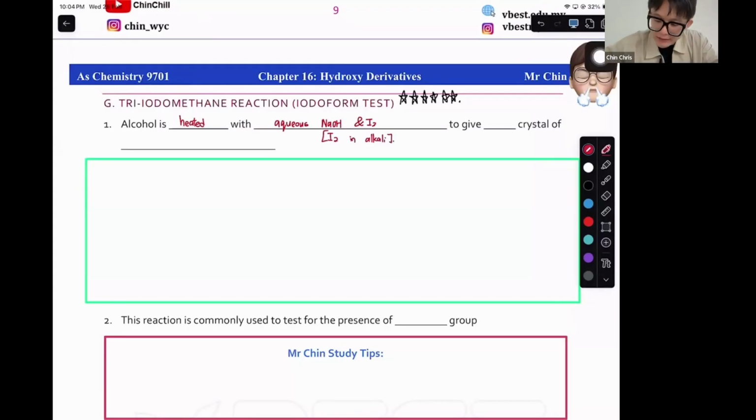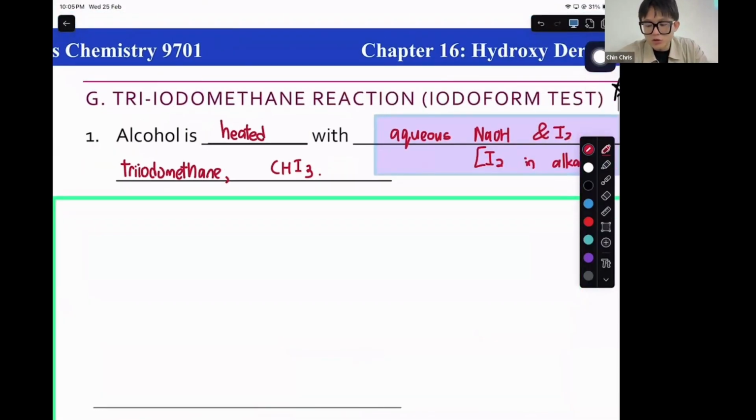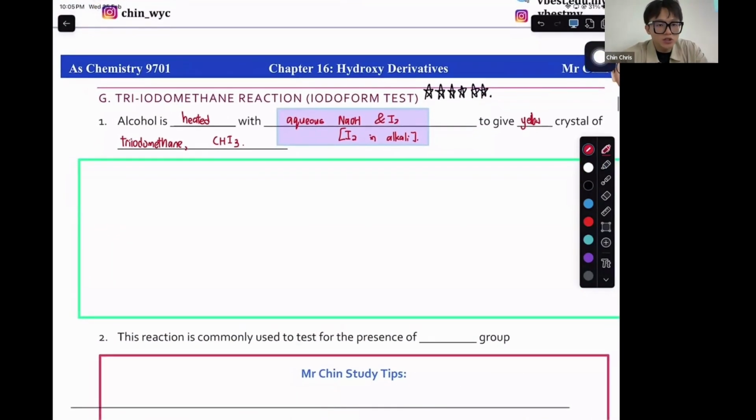They carry the same meaning. And you will get a yellow crystal of triiodomethane, which is CHI3.